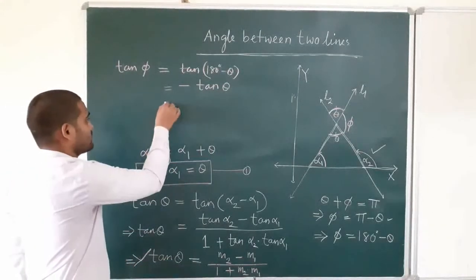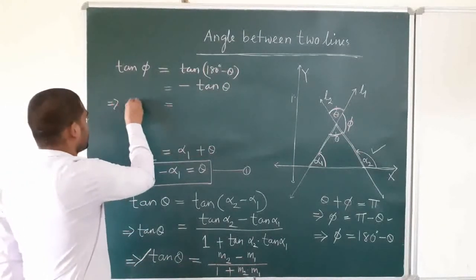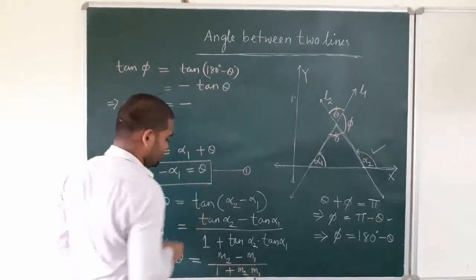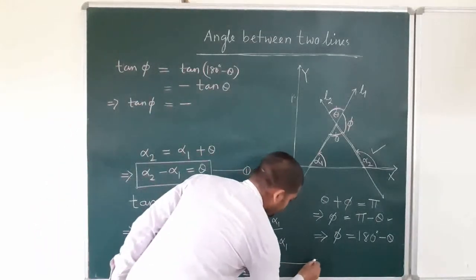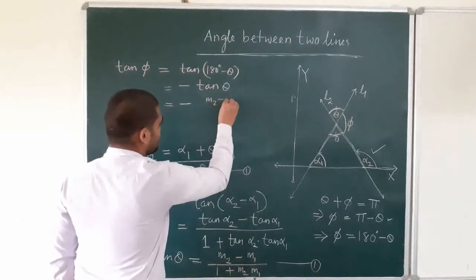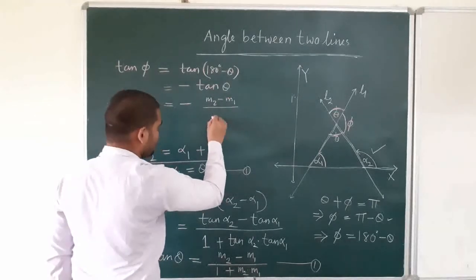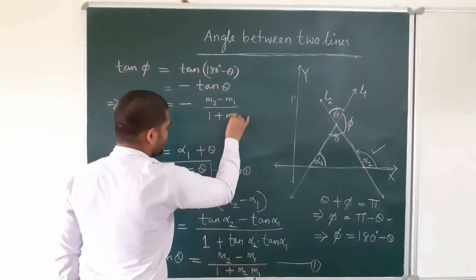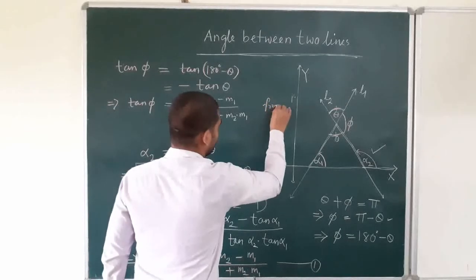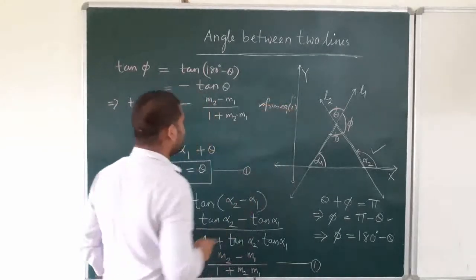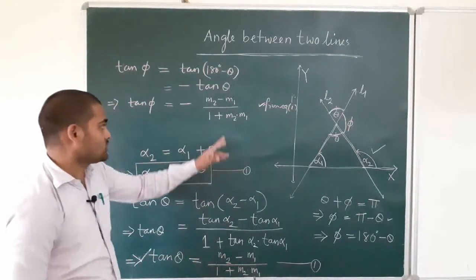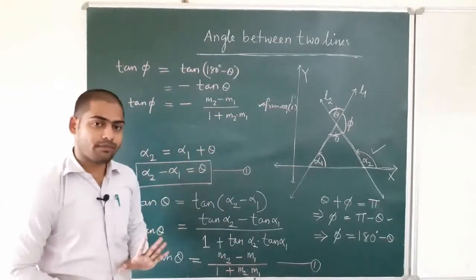This is equal to minus m2 minus m1 divided by 1 plus m2 into m1, from equation 1, where we have the tan theta value.